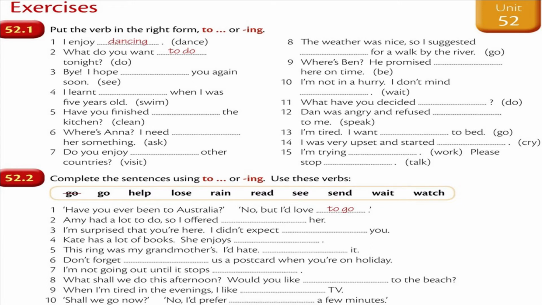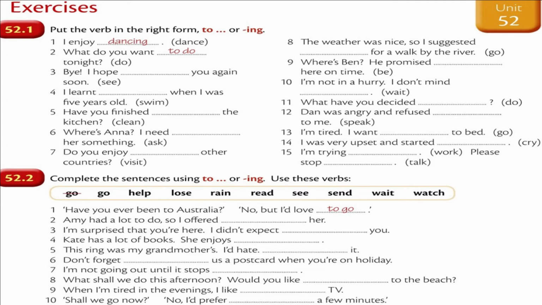Number 4. Kate has a lot of books. She enjoys reading. Number 5. This ring was my grandmother's. I would hate losing it. Number 6. Don't forget to send us a card when you are on holiday. Number 7. I am not going out until it stops raining.